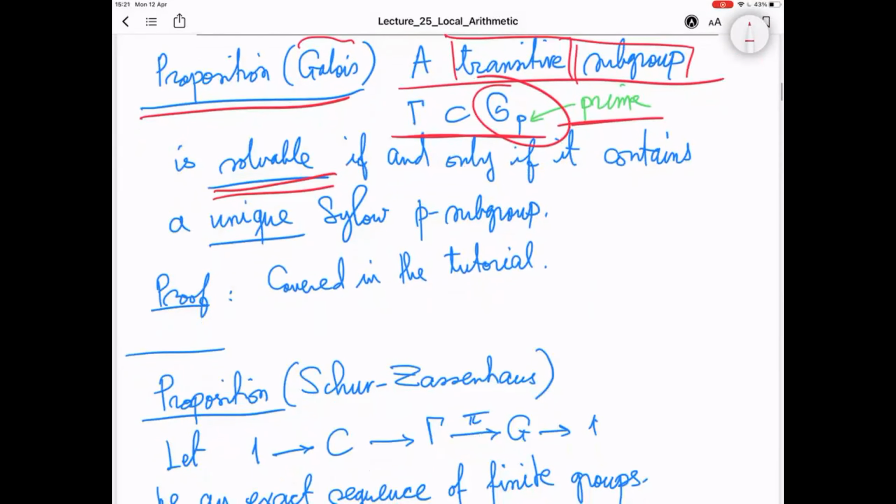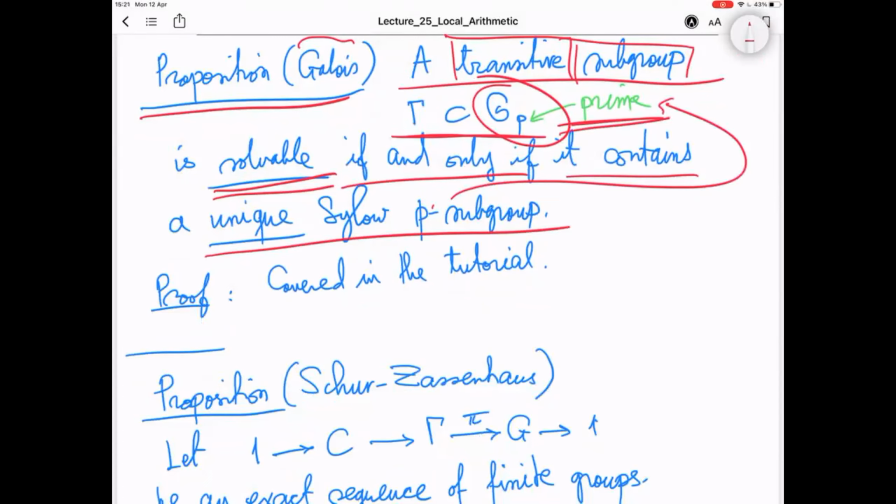And he did it for prime indices. He said a subgroup gamma of SP is solvable if and only if it contains a unique Sylow P subgroup, P being, of course, the same prime as this P here. So this was done in the tutorial last time.